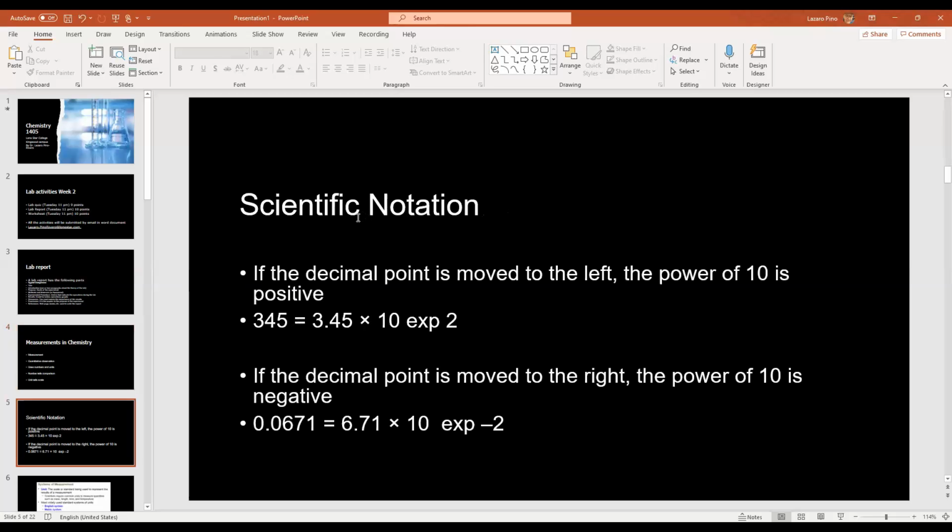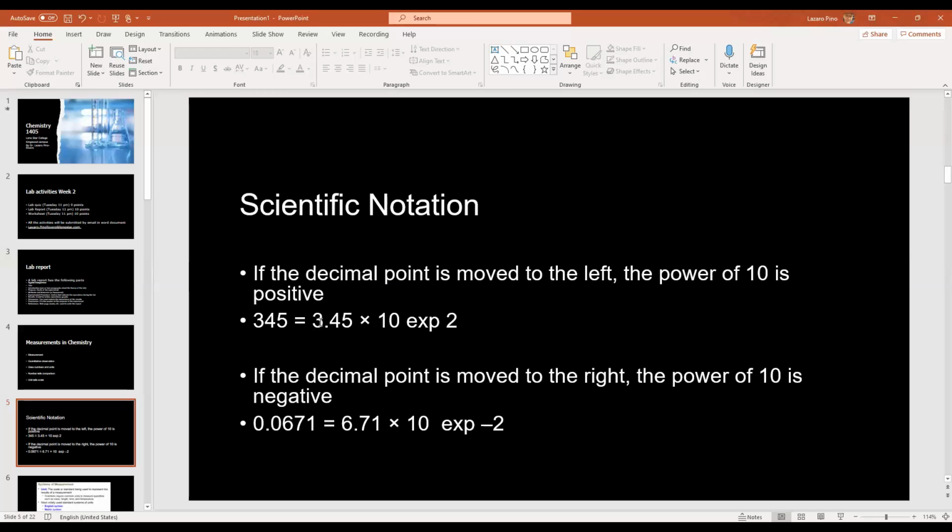The scientific notation is a procedure that we use in order to simplify big numbers or small numbers. For example, 345 is a big number. So we move the dot that we're supposed to have at the end of the number to the left 2 times in order that we obtain a number with only 1 digit before the dot.